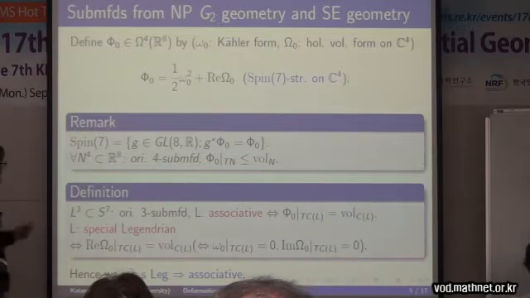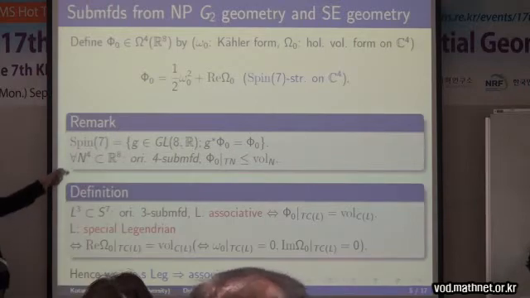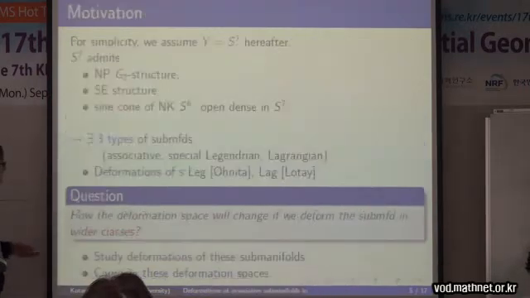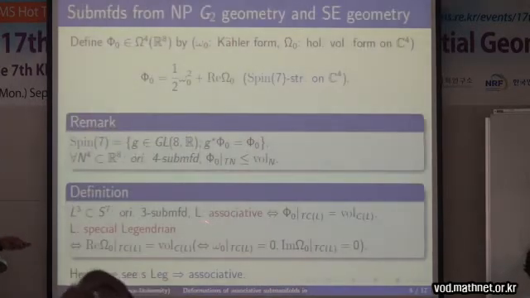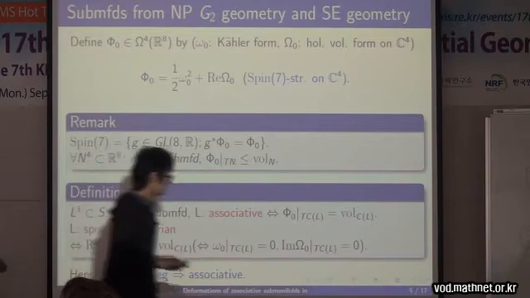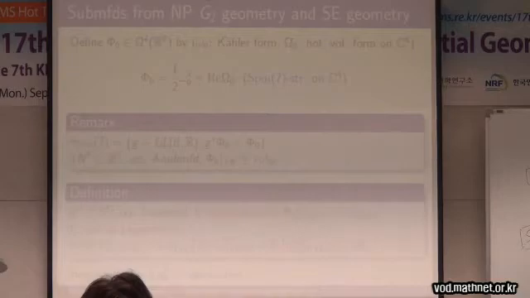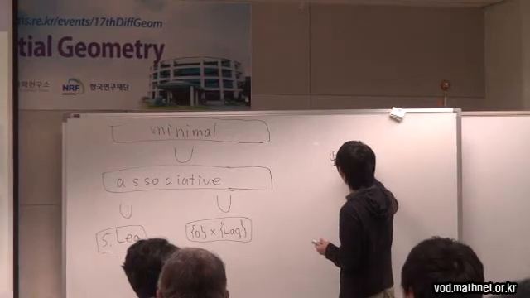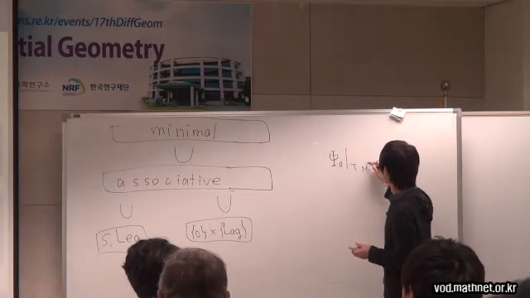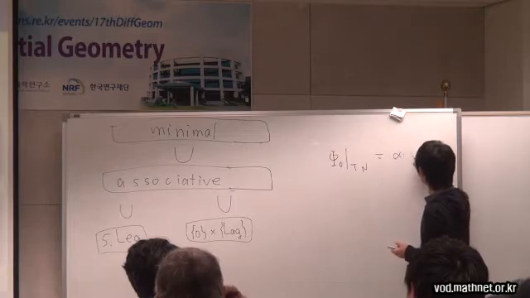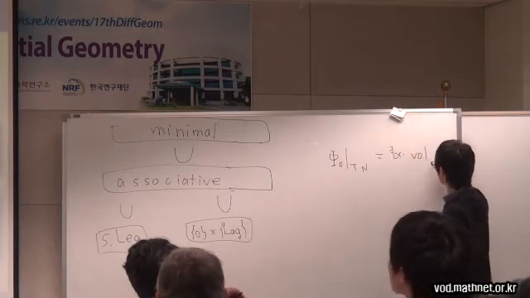And moreover, this inequality is satisfied. For each oriented four-dimensional submanifold N, this inequality holds. This inequality means that phi 0 is a four-form and N is a four-dimensional submanifold, so phi 0 restricted to N is a multiple of the volume form.